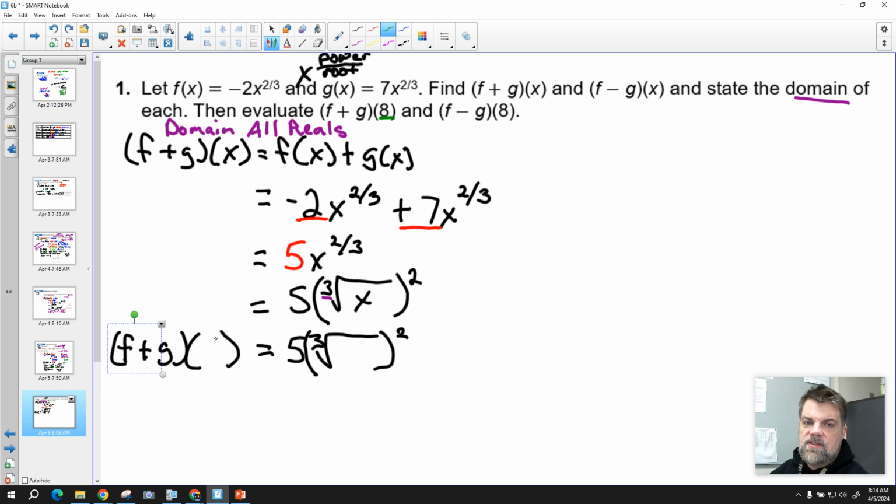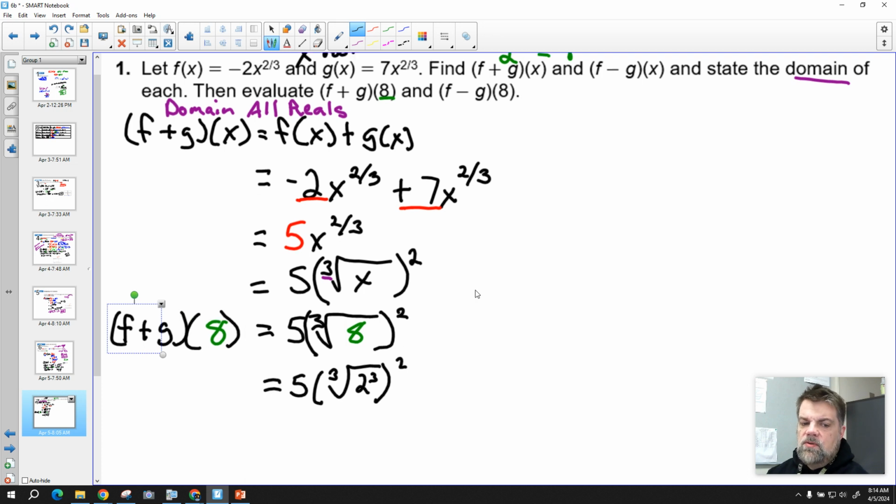So wherever there's an x, I'm going to plug in an 8. I should also mention that 2 to the 3rd power is equal to 8. So on my next line, I'm going to say 5 times the 3rd root of 2 to the 3rd power squared.